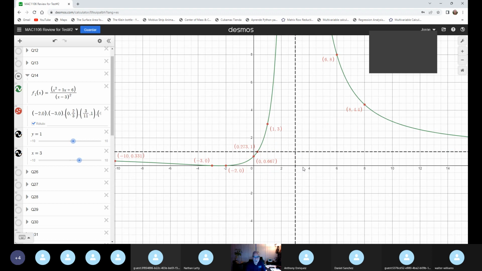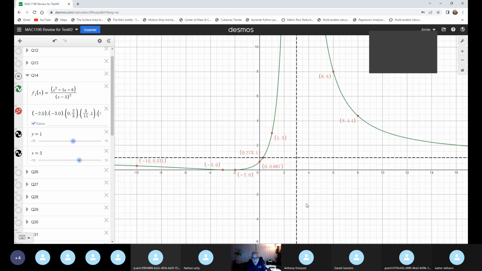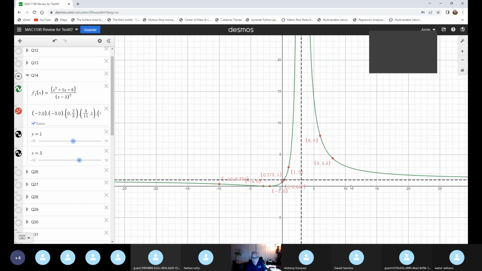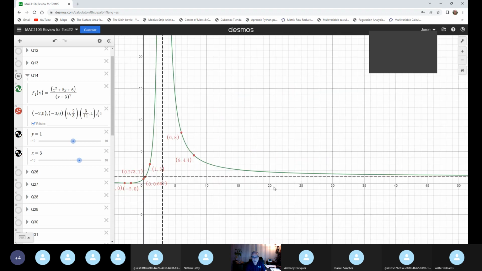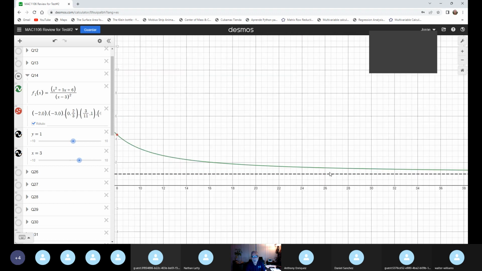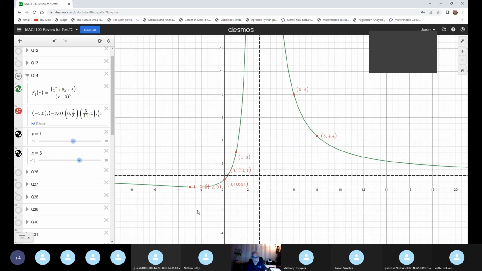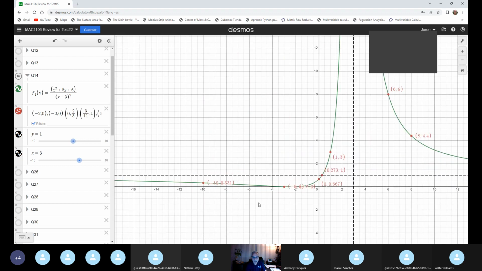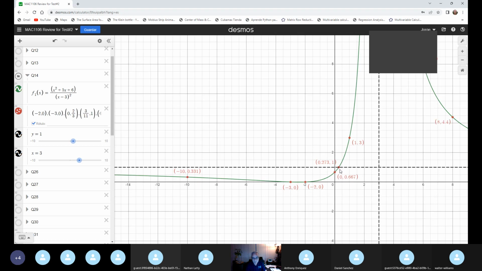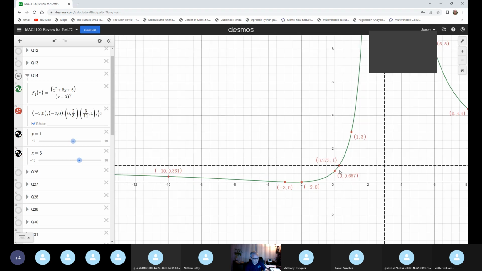Bang! And we also predicted that the horizontal asymptote exists at y equal 1. Let me show you. This line is y equal 1, and this is the horizontal asymptote in both directions, positive infinity and negative infinity. I forgot the crossing point, but this is not too important.